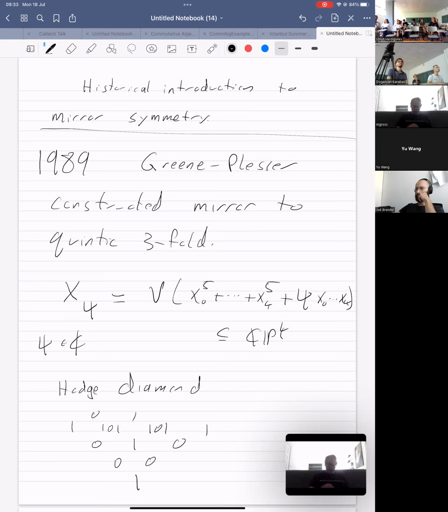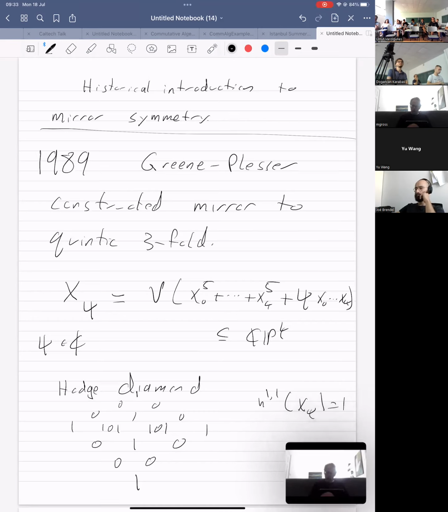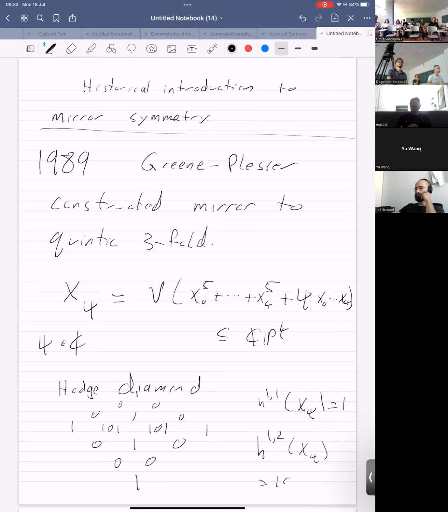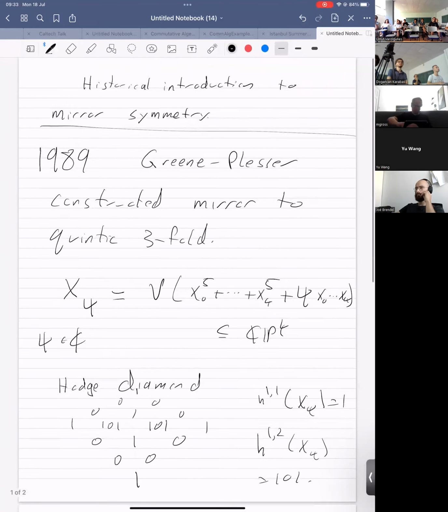And then, of course, it's symmetric. The key point is that h^{1,1} of X_psi, for general psi, is 1, and h^{2,1} of X_psi is 101-dimensional. Okay, so that's the basics about a quintic threefold.